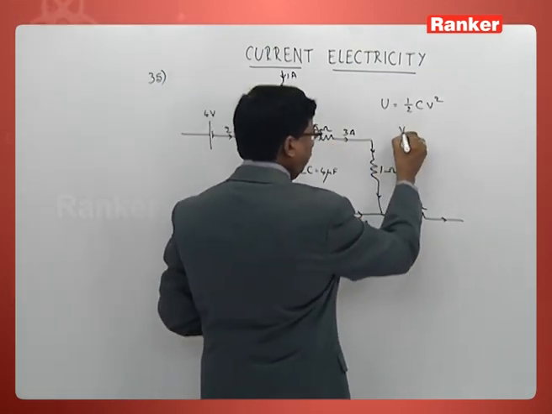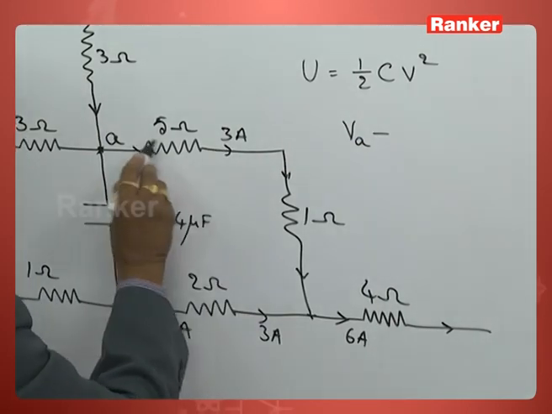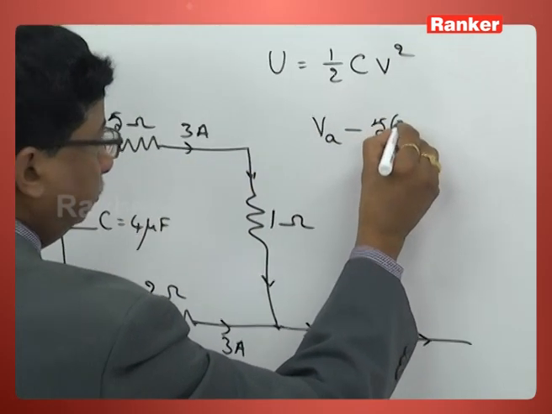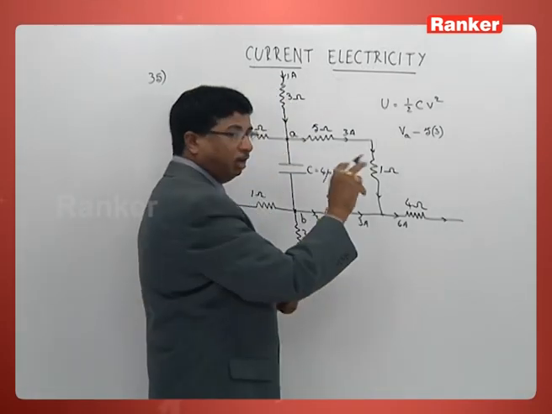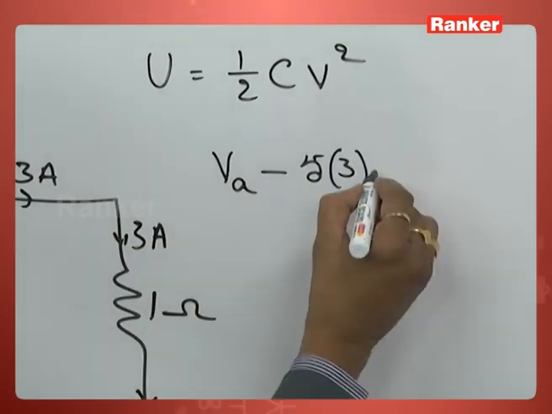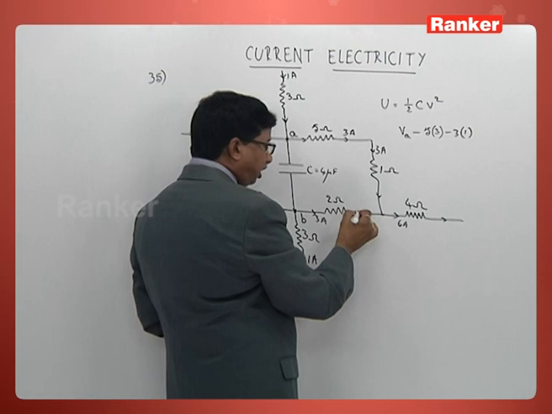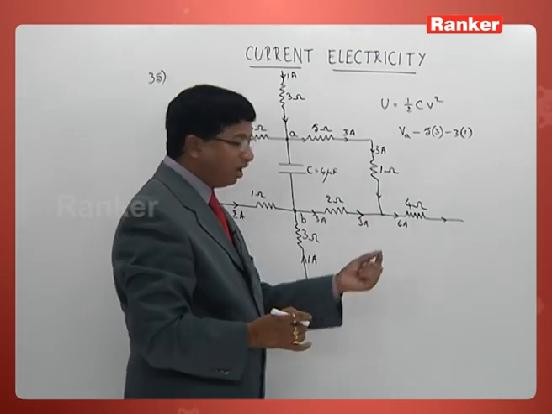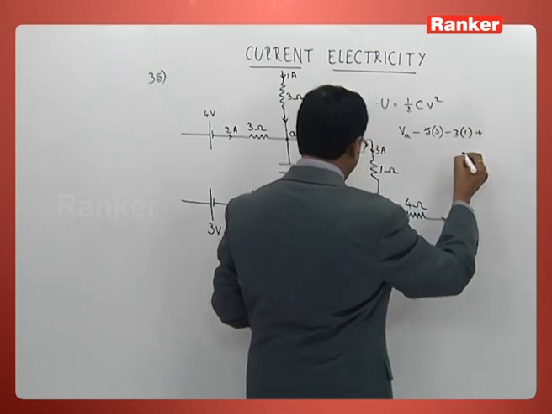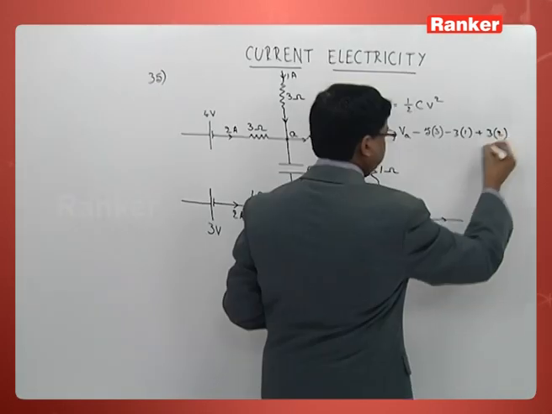It is a potential at A minus 3 ampere of current is flowing across 5, so minus 5 into 3. This is IR. Next here also 3 ampere is flowing, so minus 3 into 1. Here current is moving against my direction, so I should consider this one plus, 3 ampere once again, it is 3 into 2.